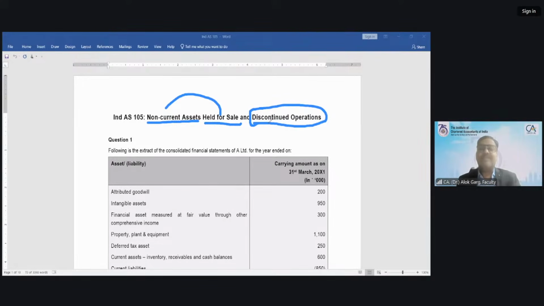So there is neither a discontinuation of a geographical area of operations, because the other factory in Delhi is there, nor a discontinuation of a product, because this product is getting manufactured in the other factory. So when one of two factories is sold, it is only a disposal group held for sale. It is not a discontinued operation.